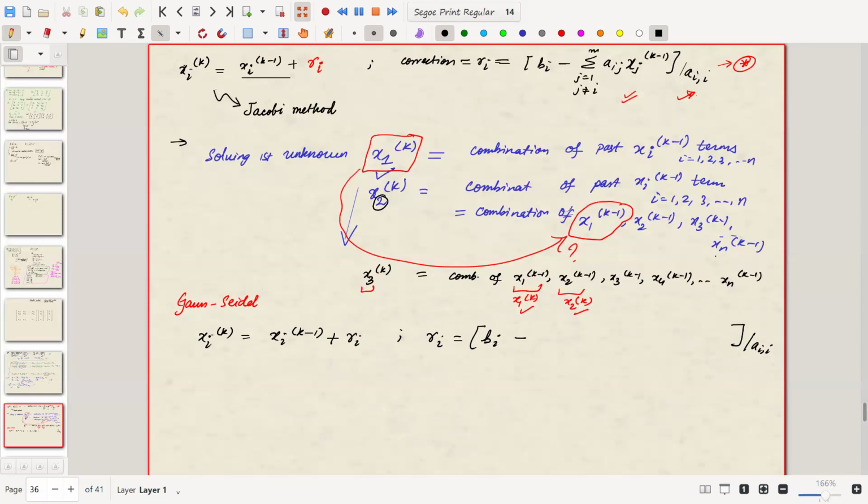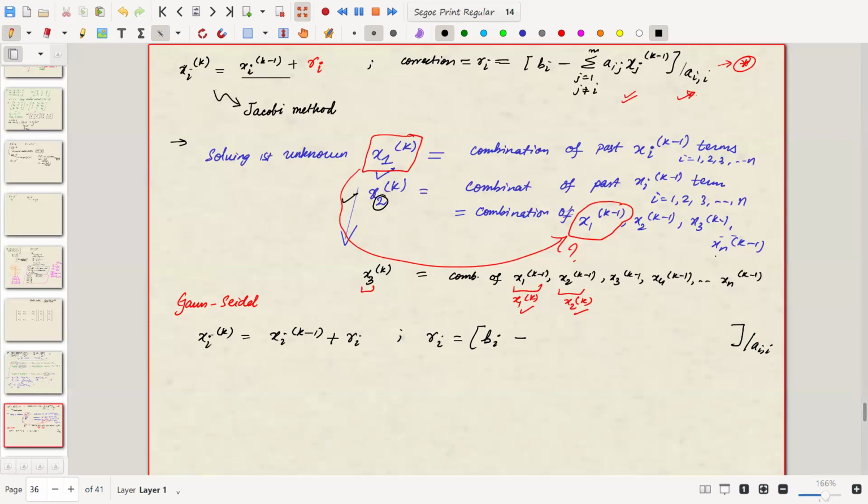See, for x2 at k, you are solving this one. Here, you are using the fresh value of x1, that is x1 at k. When you are using x3, you are using x1 and x2 as the fresh values.